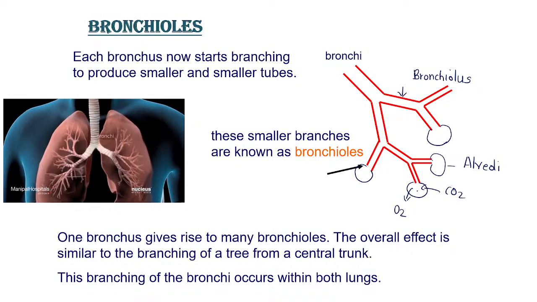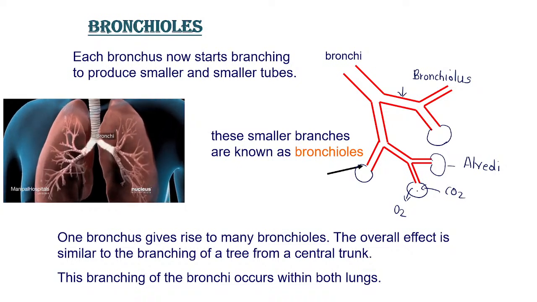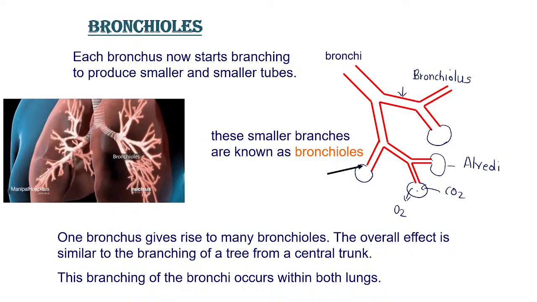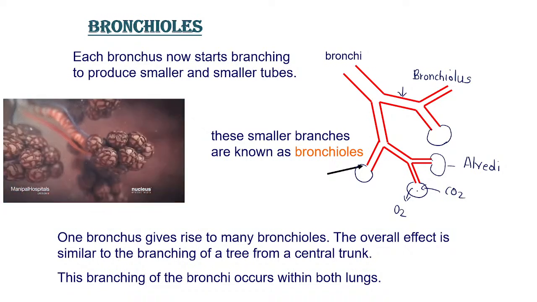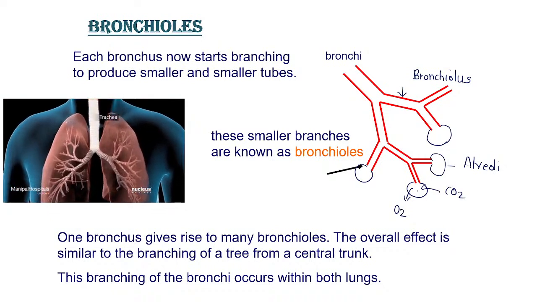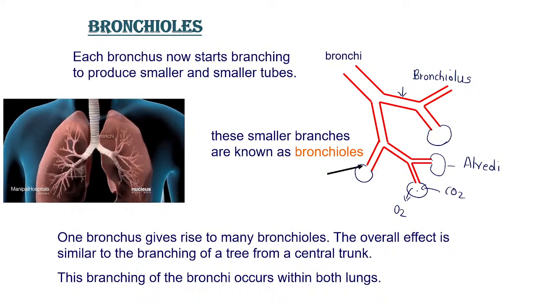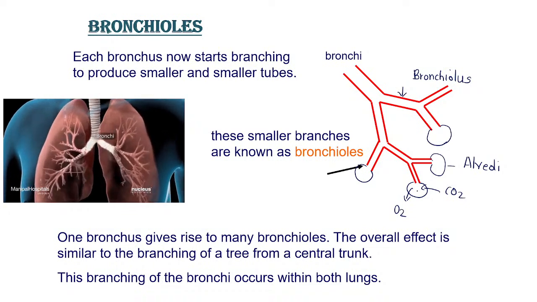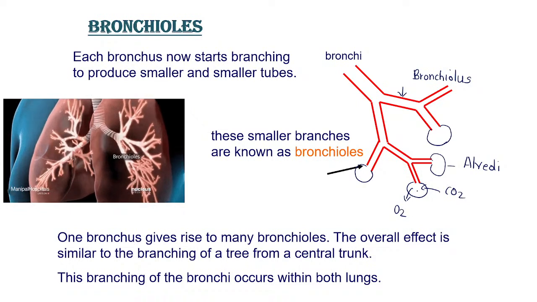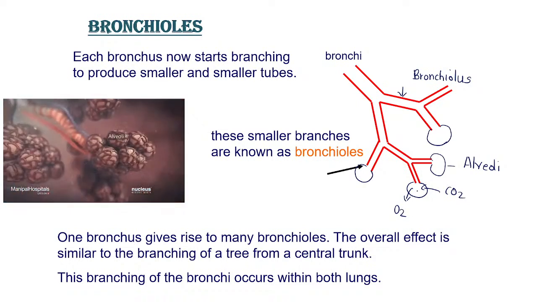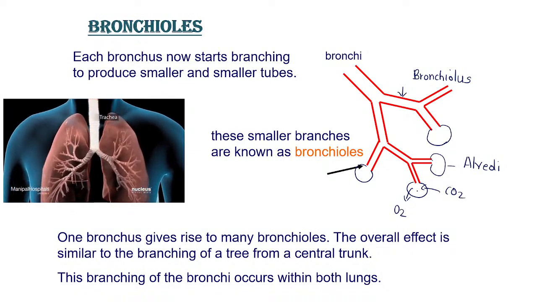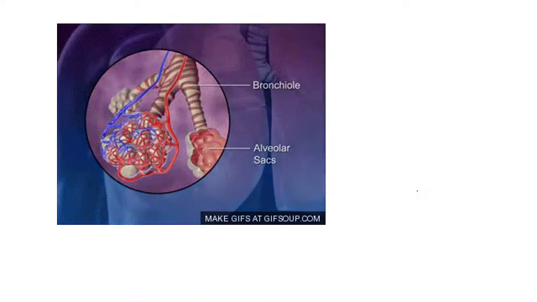When we inhale air, we take in oxygen rich air. The oxygen is passed from the alveoli into the blood capillaries. Then the blood further transports it to the different parts of the body. Whereas carbon dioxide rich air goes out from the lungs when we exhale. We exhale carbon dioxide rich air. That's the function, and that's how the respiratory system works.